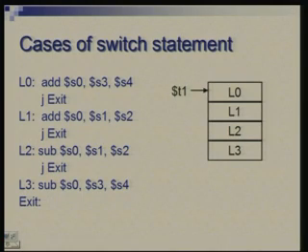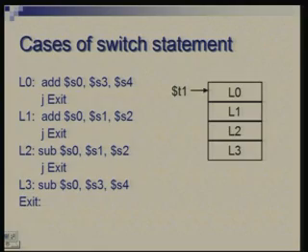In very specific cases, when these 4 labels are, let us say, equally spaced, if they are uniformly spaced, or the bodies of the cases can be padded up with blanks to make them uniformly spaced, then you do not really need the table.